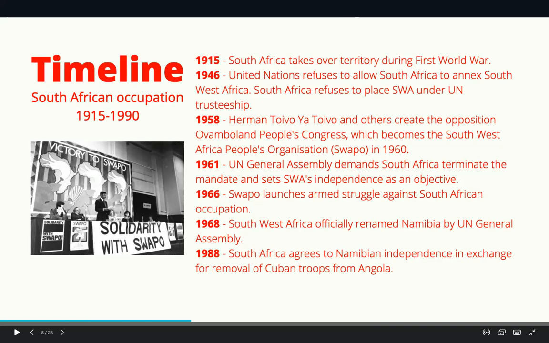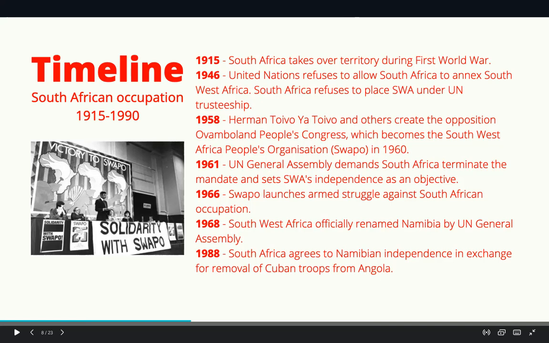Then we jump into the second part of its recent history, which is the South African occupation that goes from 1915 to 1990. In 1915, South Africa takes over the territory during the First World War.